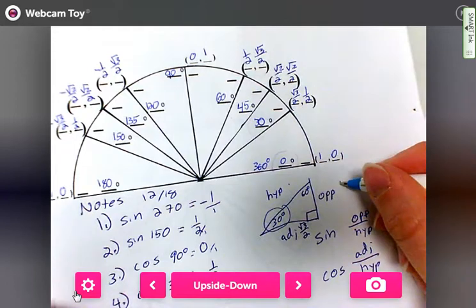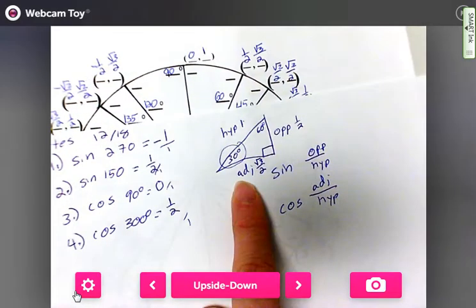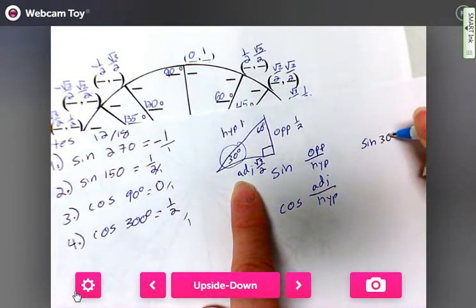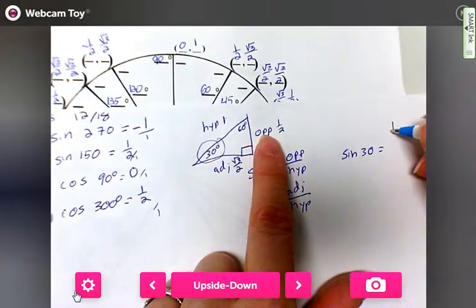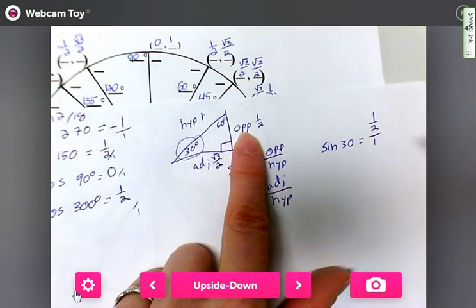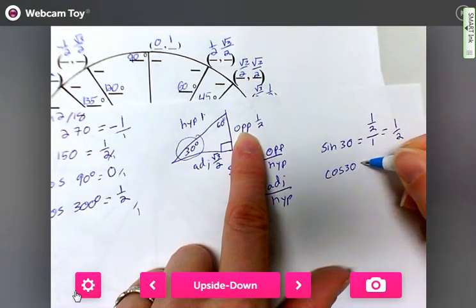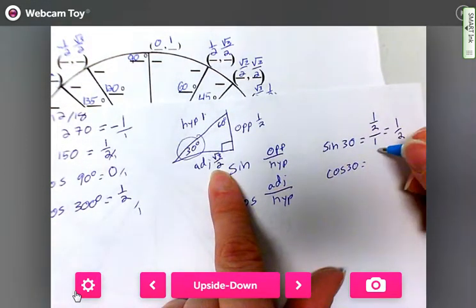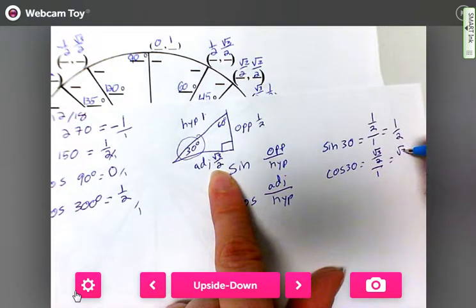My opposite is 1/2, and my hypotenuse is 1. So if we wanted the sine of 30 degrees, we would take the opposite, 1/2, over 1. But anything over 1 is just itself, right? So we'd end up with just 1/2. And the cosine of 30 would be the adjacent, square root 3 over 2, over 1, which would just be square root 3 over 2.